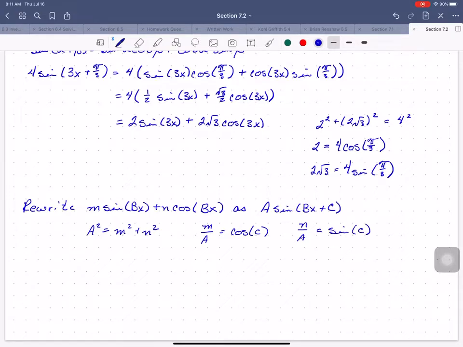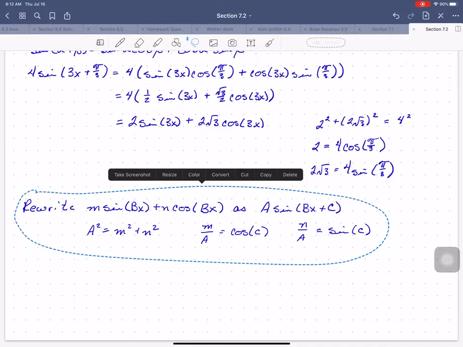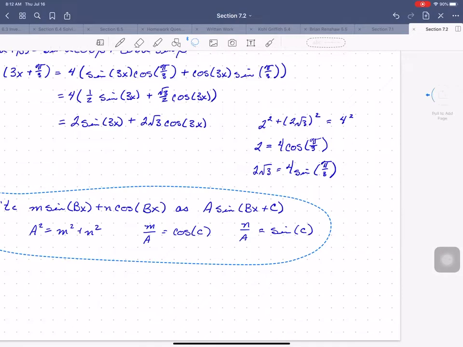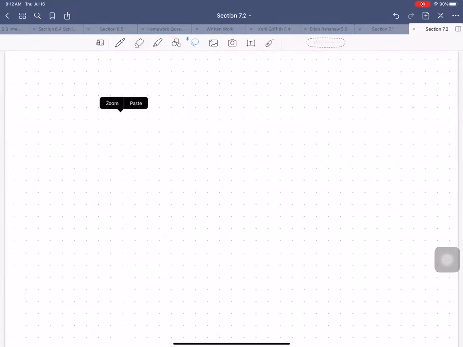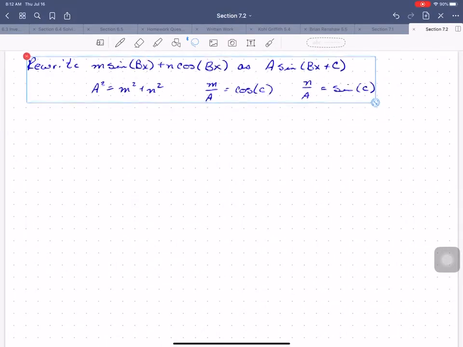All right, so let's do an example. We're going to do a couple of examples here. And I'm just pasting this at the top of this new page for reference.